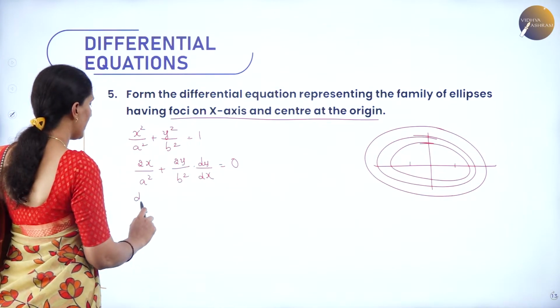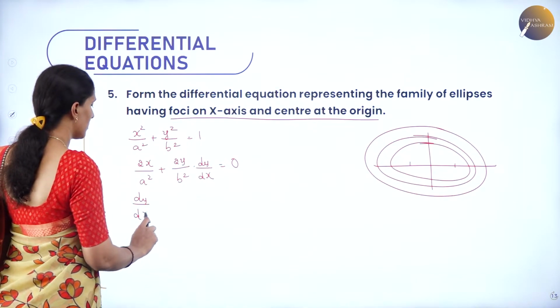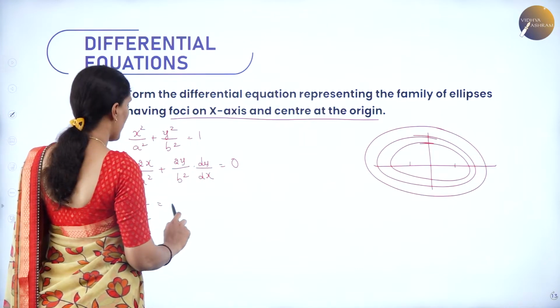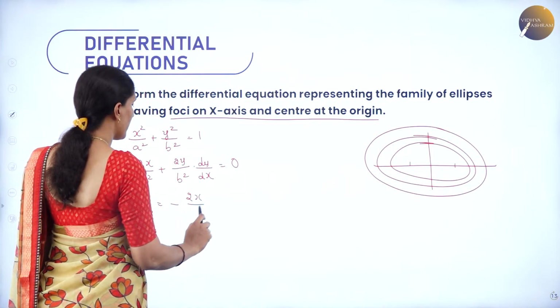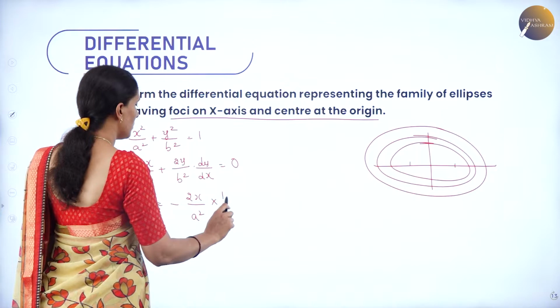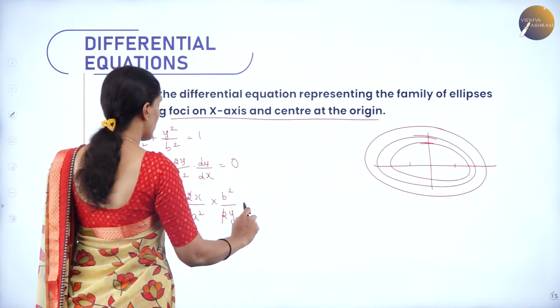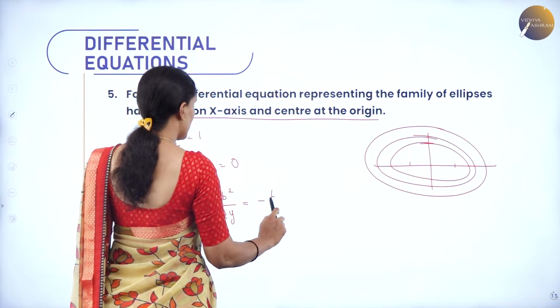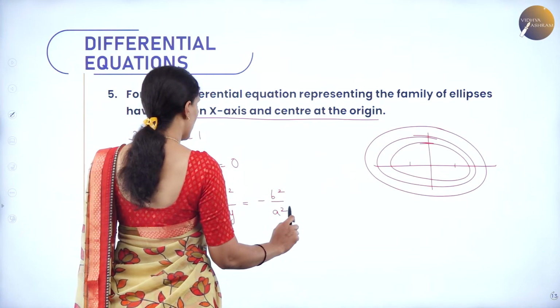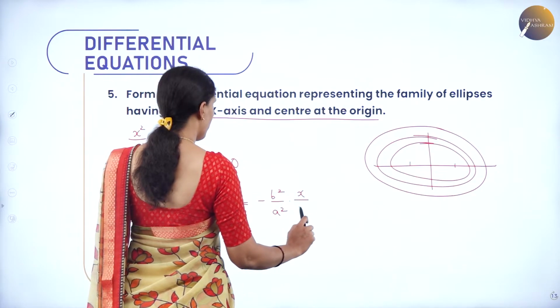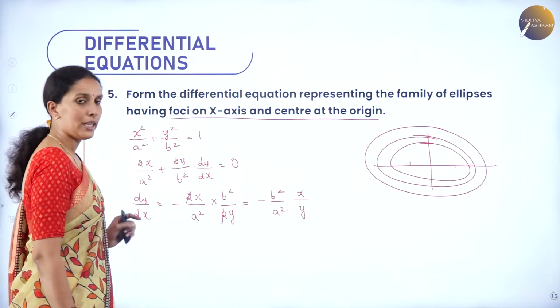So dy by dx is equal to minus 2x by a square into b square by 2y. So 2 gets cancelled. We can write it as minus b square by a square, and here we have x by y. So this is dy by dx.